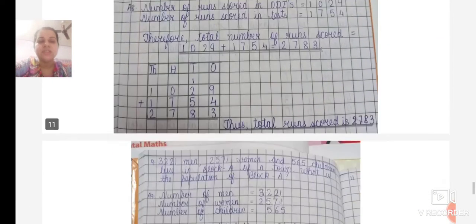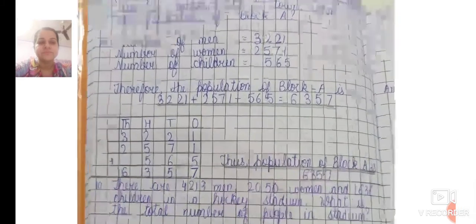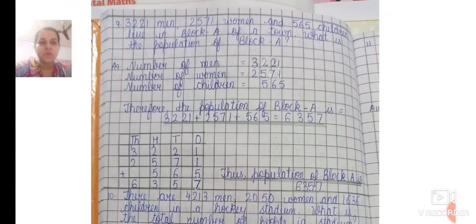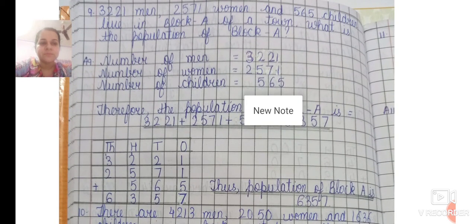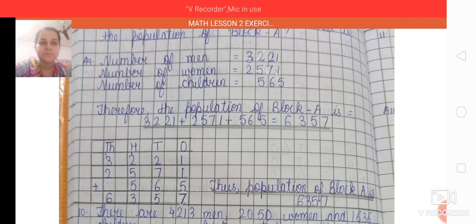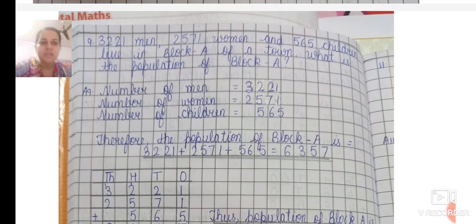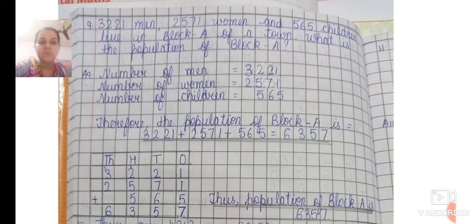Now we move on to the 9th sum. What is the question of the 9th sum? 3221 men, 2571 women and 565 children live in block A. Where do they live?